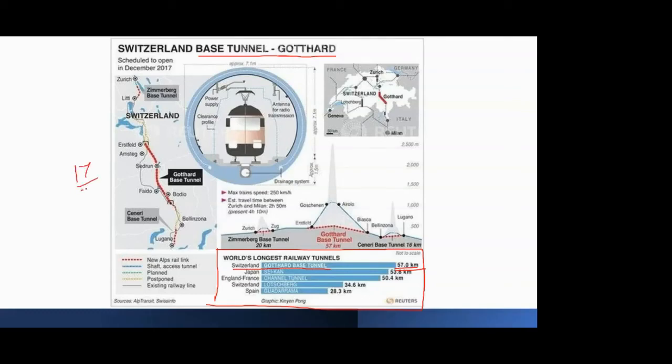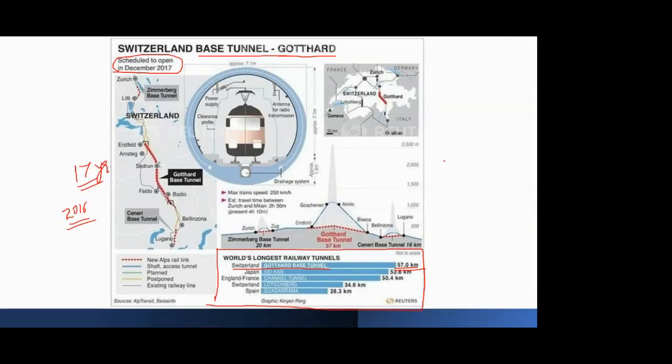It started construction in the 90s and opened for railway traffic around 2016. They had written its schedule, but it opened a bit early in 2016 itself. So this is an example of a base tunnel.